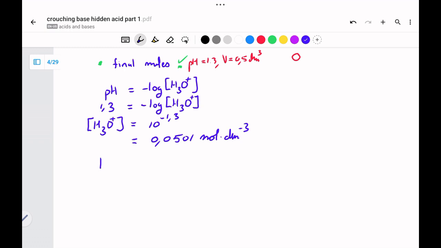So here's your equation. Any acid reacts with water to donate its acidic hydrogens by passing the hydrogens onto the water, and it produces hydronium ions.